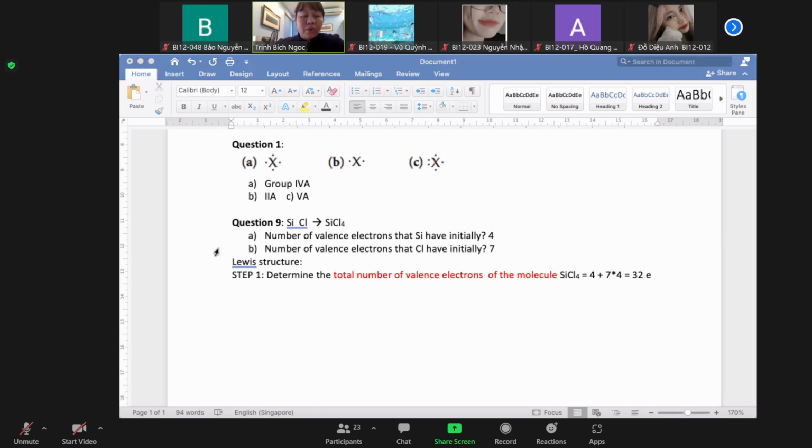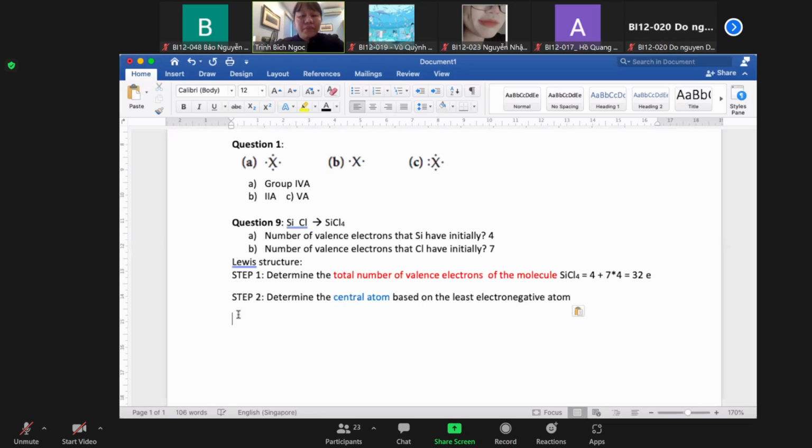when you would like to write a Lewis structure, you need to determine the central atom based on the least electronegative atom. So we have 1 Si and 4 chlorine atoms. Okay. You need to compare the electronegativity.